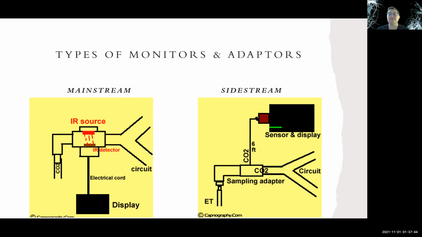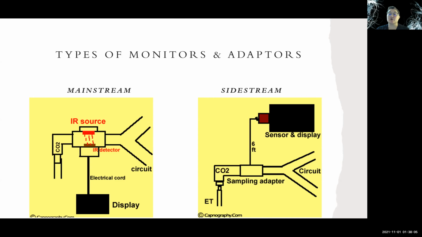Now the side stream, this is a sensor that is in the main unit, and CO2 is aspirated through a sampling tube that's connected to a T-piece that's located at the endotracheal tube and breathing circuit. Again, we have advantages and disadvantages.